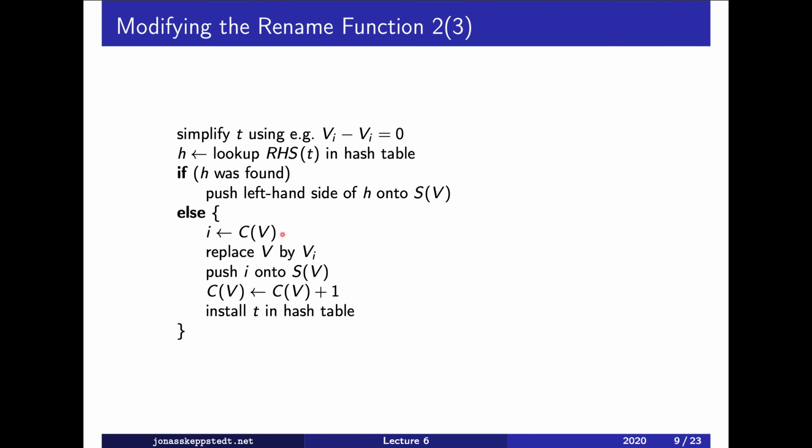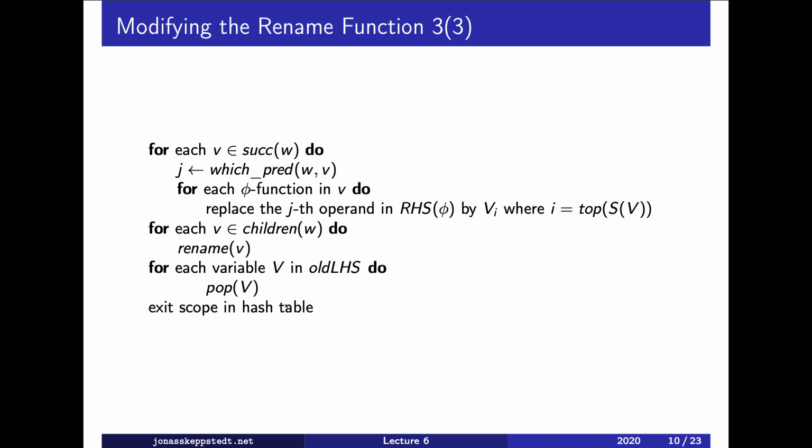Otherwise, we do the normal thing and push a new version, and then we install this instruction in the hash table. Okay, we continue, and we pop everything that we pushed and remove this hash table that was on the top. That means exit the scope that we entered when we came to the vertex. So this is a very nice optimization that we can do during translation to SSA form.